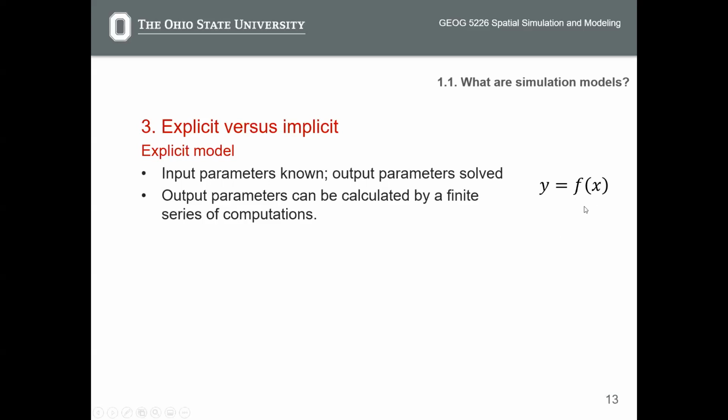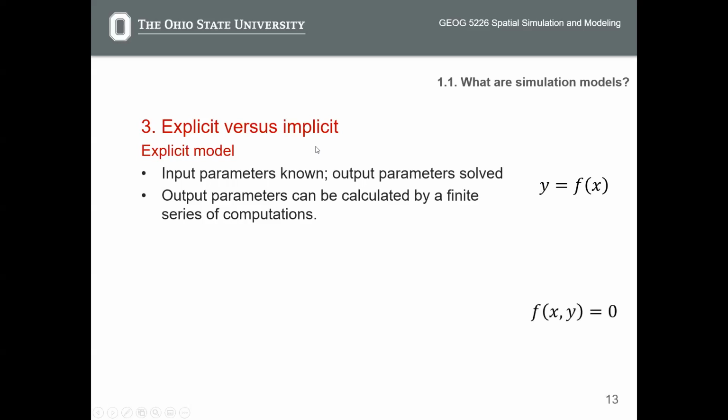Right here, y equals f(x). x is the independent variable, the input, and y is something we want to calculate. It is the output of the model, and it should be able to get calculated by this model. So we know x, we calculate y.